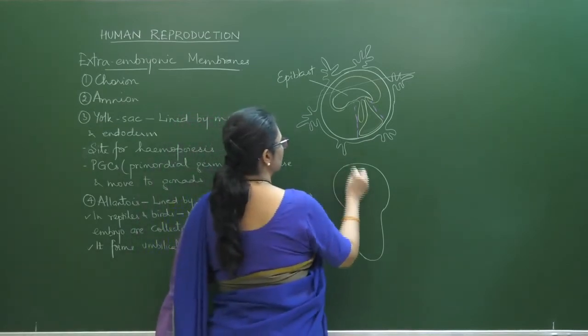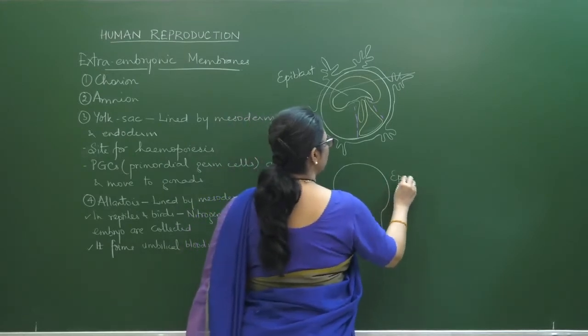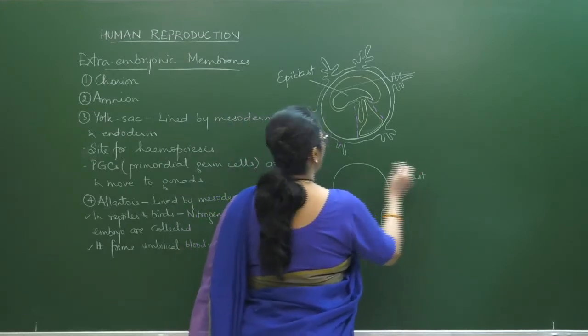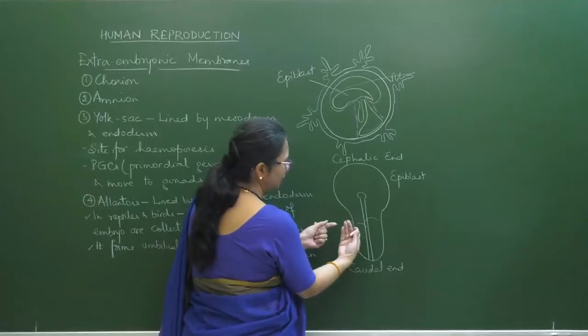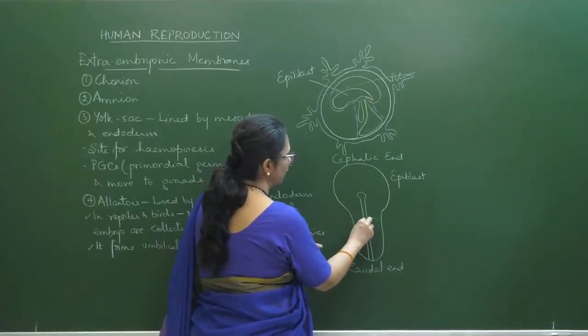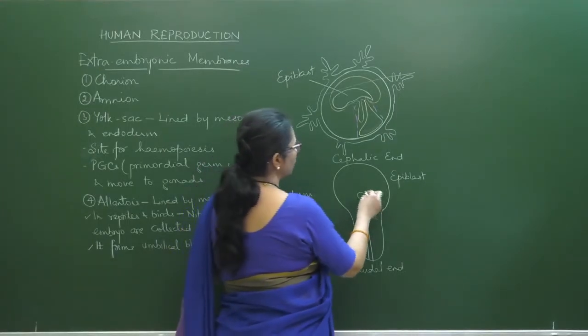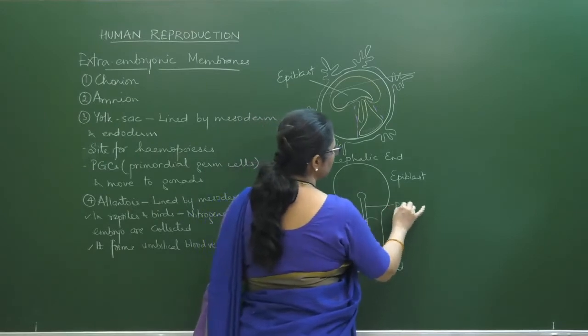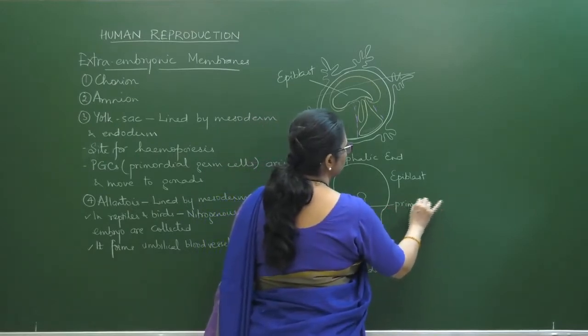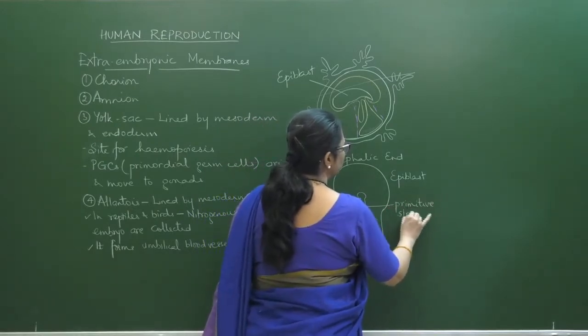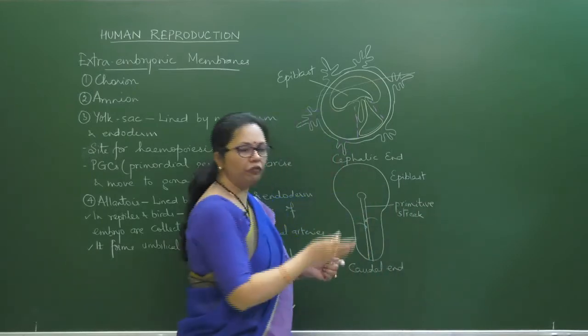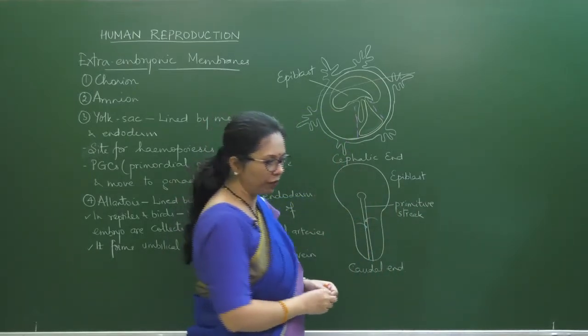So this is the entire epiblast, the broad area, and coming at the back side, they will be separating out at the back side. First of all, let me mark this structure, which is called the primitive streak. The primitive streak is a narrow depression which occurs on the surface of the epiblast.